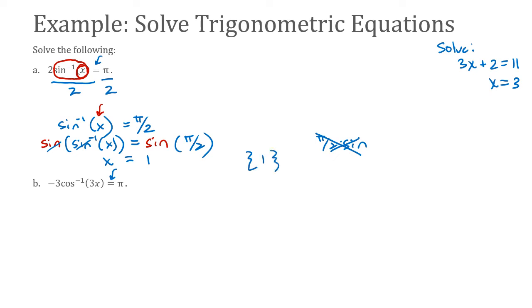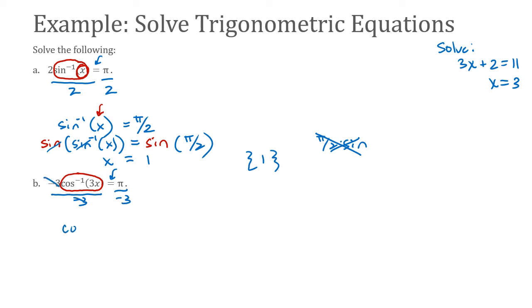All right, part B. I want to get the x by itself. Before I can get the x by itself, I need to get the inverse cosine of that argument by itself. So I'm going to divide both sides by -3. That's going to get rid of that -3.